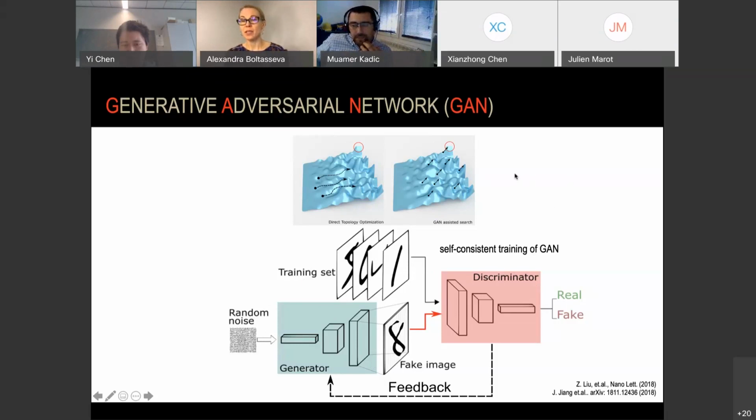So what happens here is, let's say your generator generates something which looks like a training set, and the discriminator would compare those and say, hey, it's fake, it will block it, right?